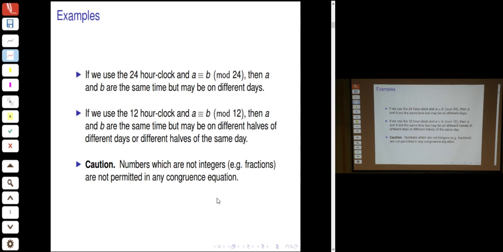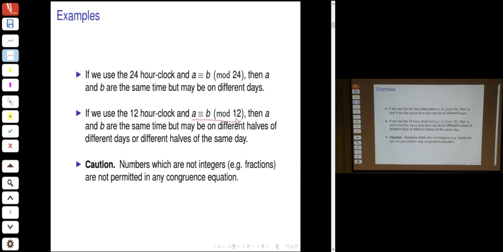The second example is even more pertinent. Suppose you are using a 12-hour clock, like the old fashioned wristwatches, like the one I am using. So, a 12-hour clock means that a is congruent to b mod 12.